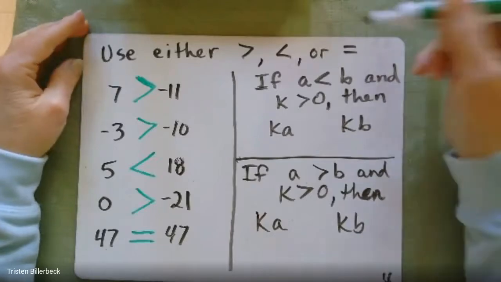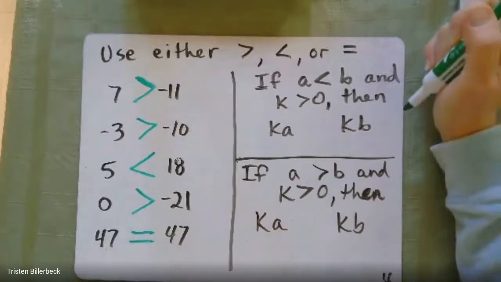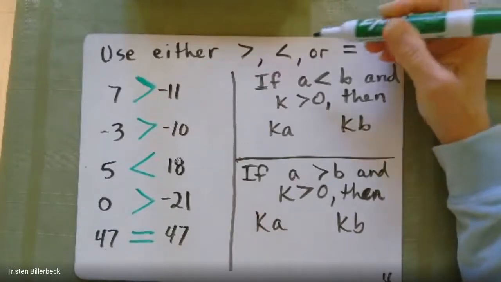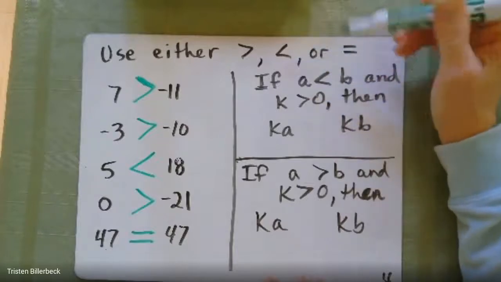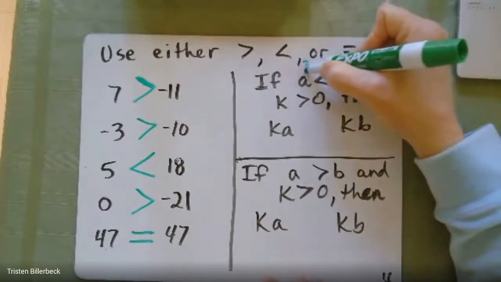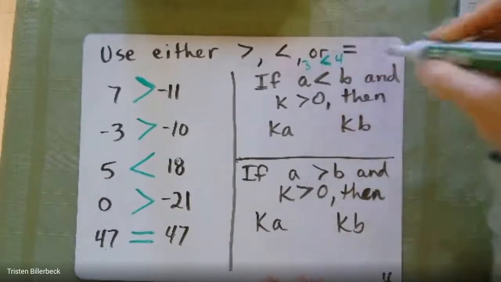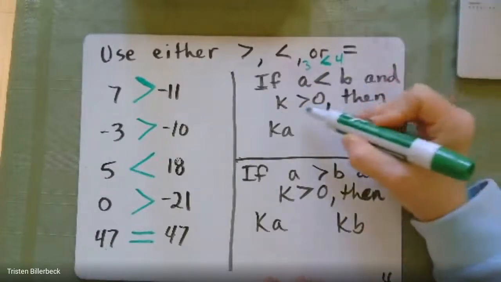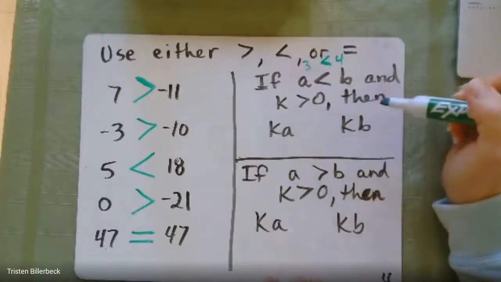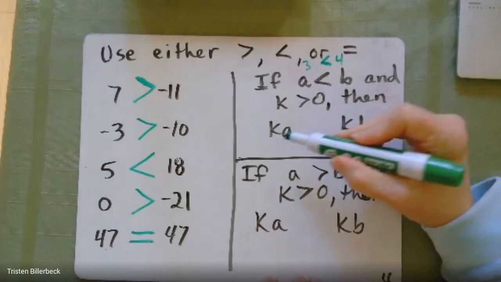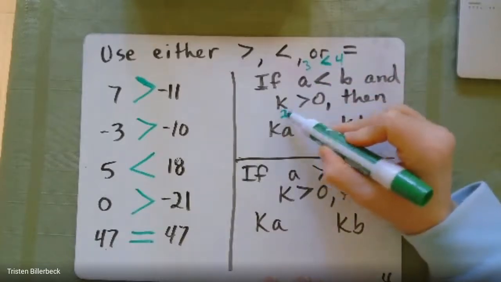So now if we use these variables, which make things a little scarier, let's take a look at what it means. If A is less than B, that's like, is 3 less than 4? And K is greater than 0. That means we're dealing with a positive number. Let's say K is 2.